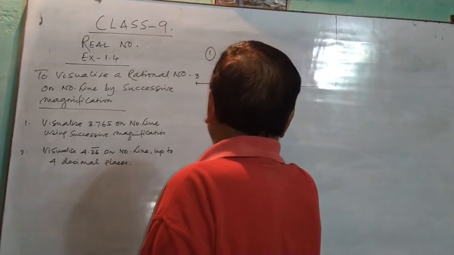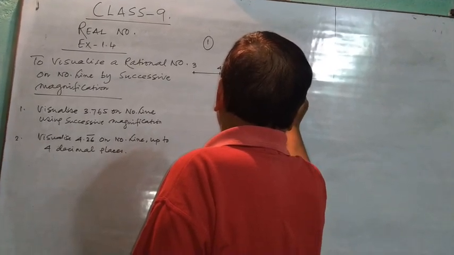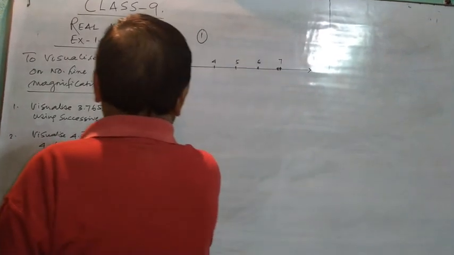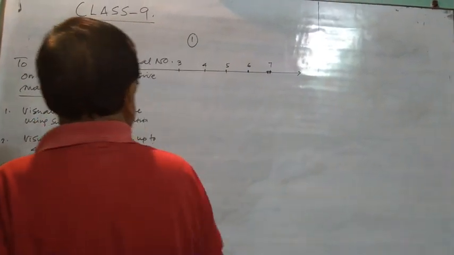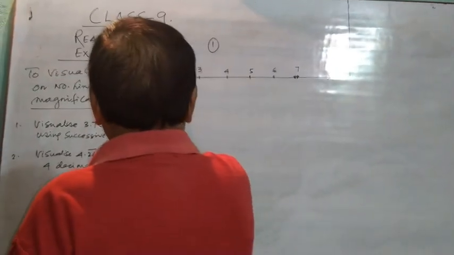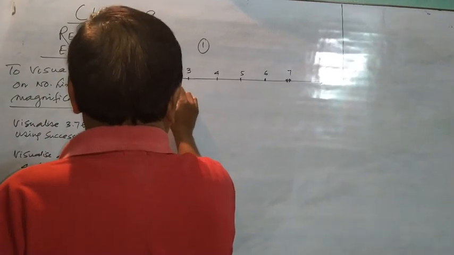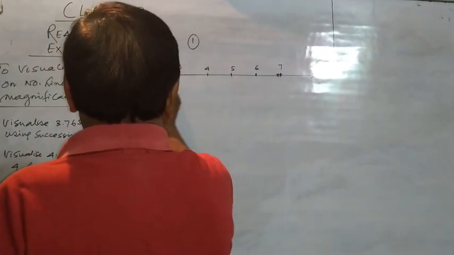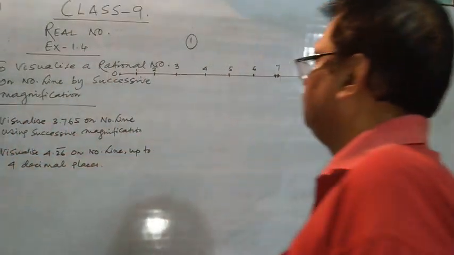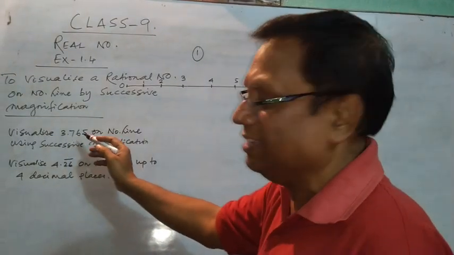Just equal gaps. This is 6, this is 7 and so on. So you can make here 0, this is 1, this is 2, 3, 4, 5, 6, 7.